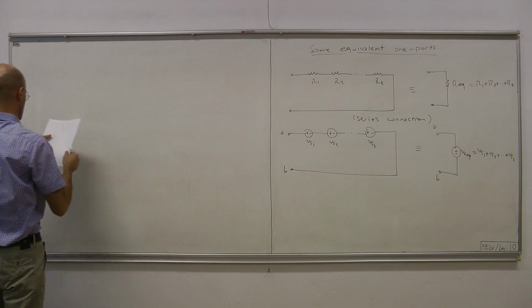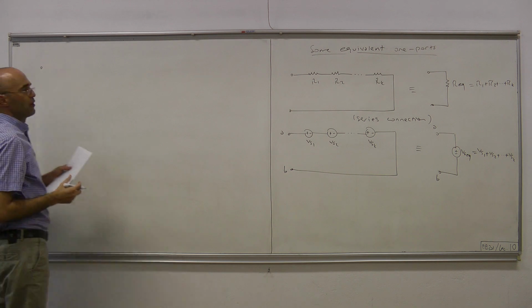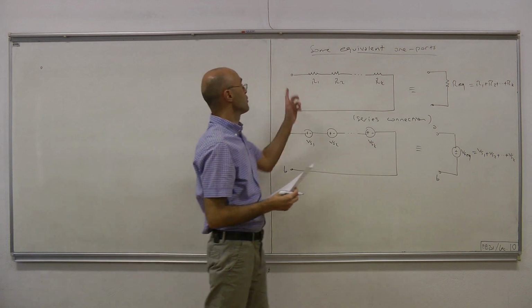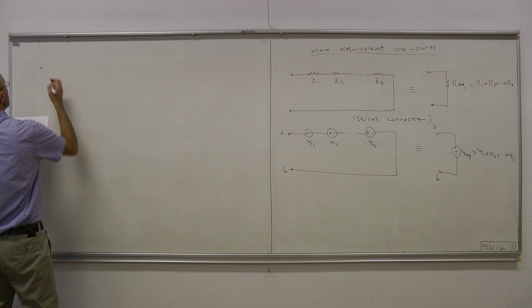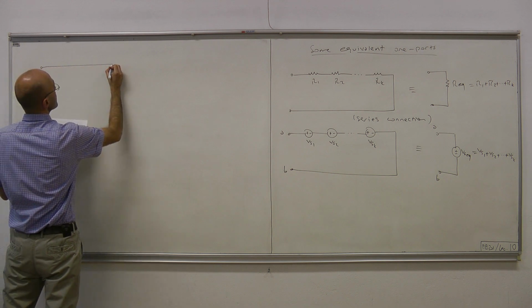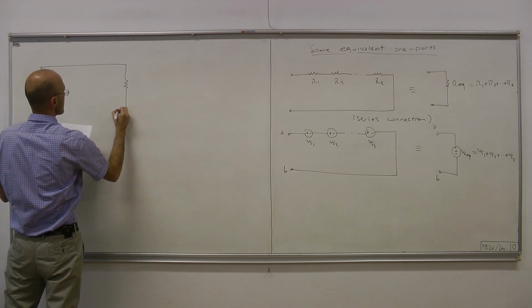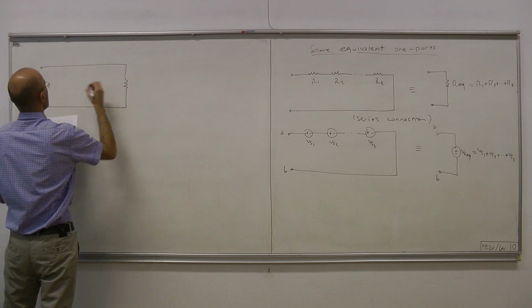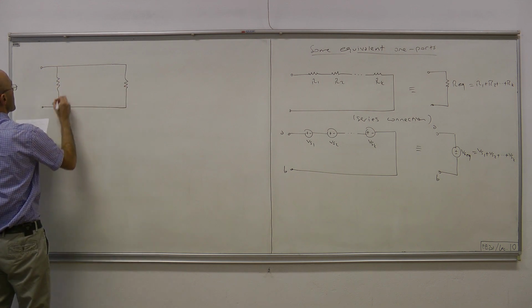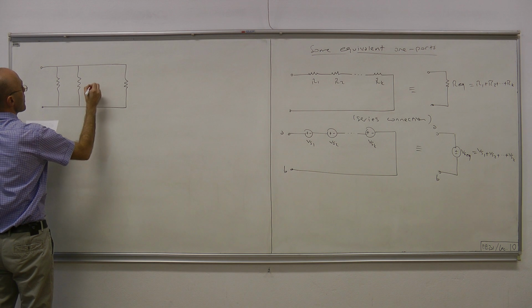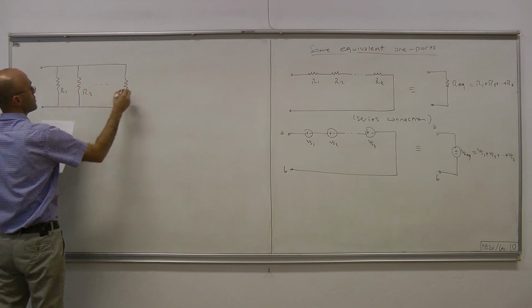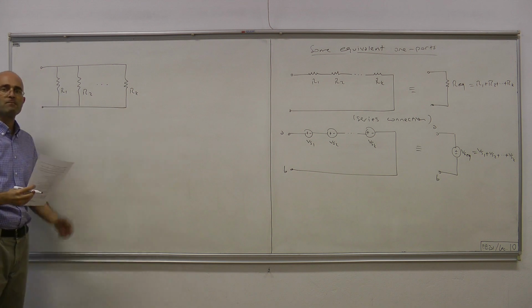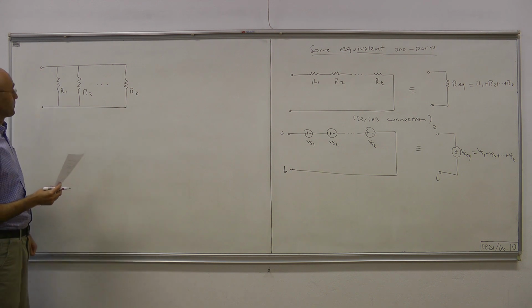Now, suppose you have a bunch of resistors, but this time those resistors are connected in a parallel fashion. This is R1, this is R2, this is RK, LTI resistors.